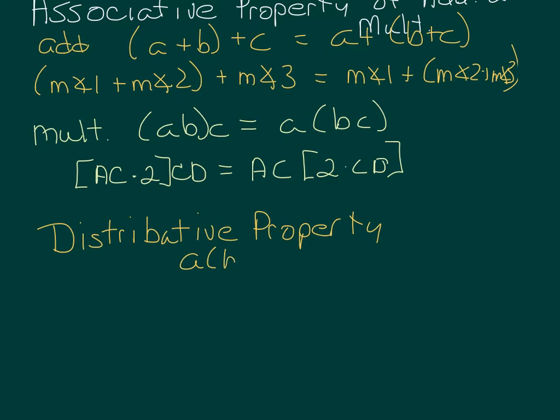A times (B plus C) is the same as AB plus AC. Probably the trickiest thing about the distributive property is if you are distributing a negative, because then you have to remember to change your signs. Wait, do you mean AB plus AC? Yes, I did. Thank you.